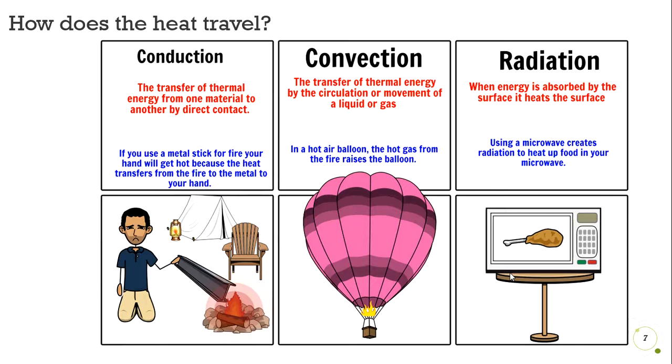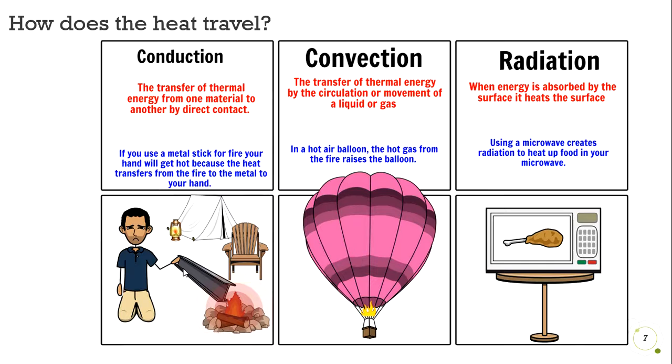Particle vibrations have spread from the cocoa to the spoon and then to your fingers. Conduction is the passing of heat through a material while the material itself stays in place. It occurs between objects that are touching.